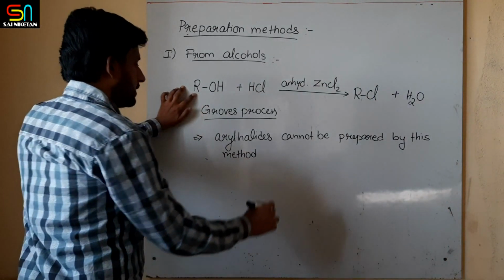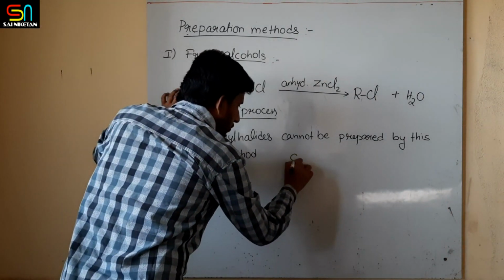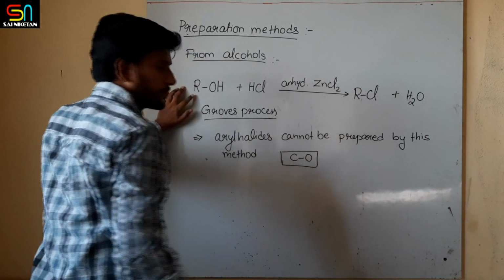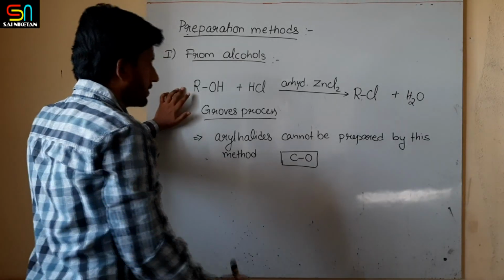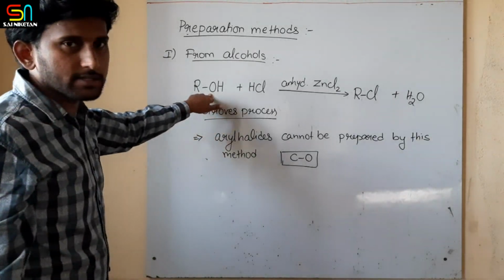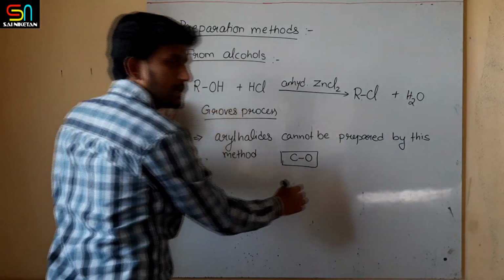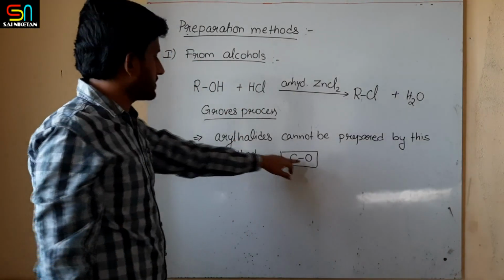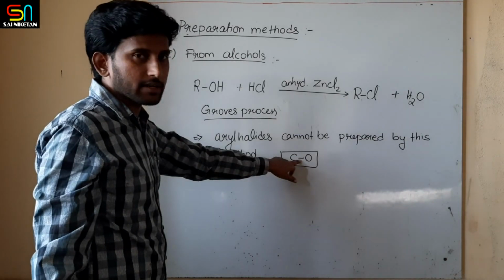That is the C-O bond. In case of alkyl alcohols, it is easy to break, or it has single bond character.